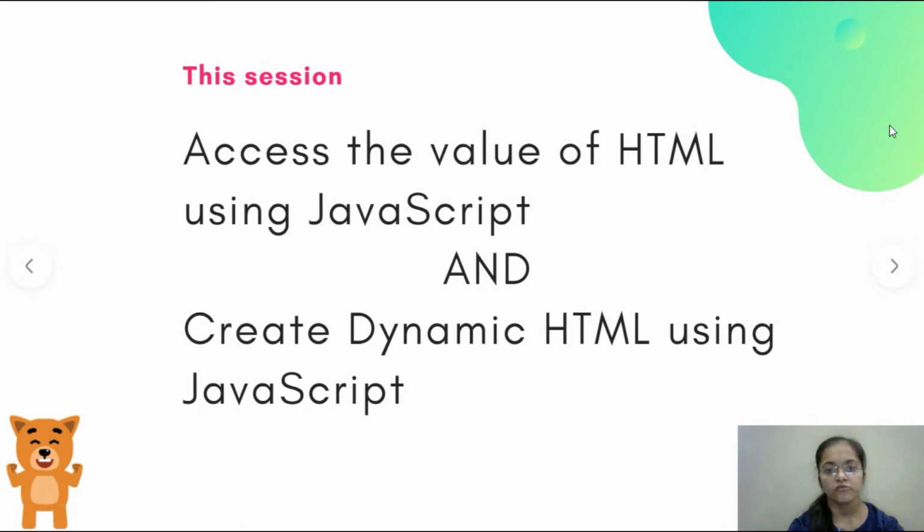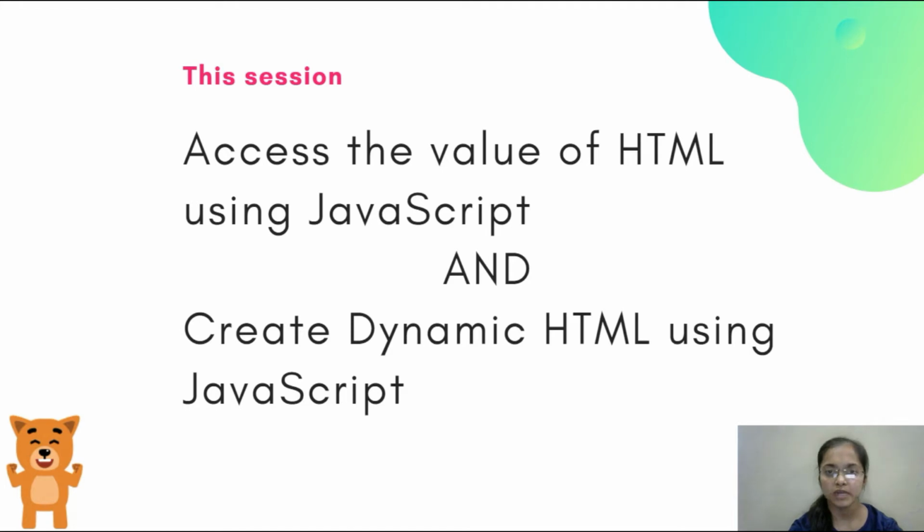In this session we have two tasks to do. The first one is to access the value of HTML using JavaScript, and the second one is to create dynamic HTML using JavaScript. Now what do you mean by these two things? Access the value of HTML using JavaScript means we use many HTML elements like a text box, a button, or the text area that we generally use to type the address.